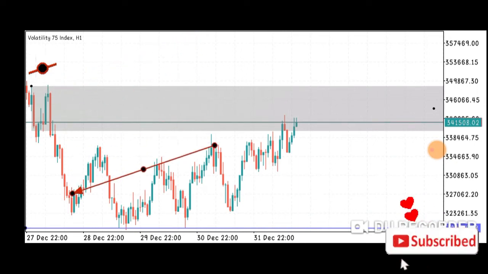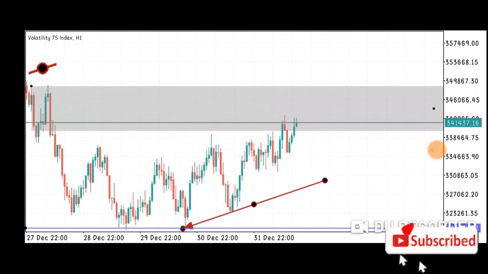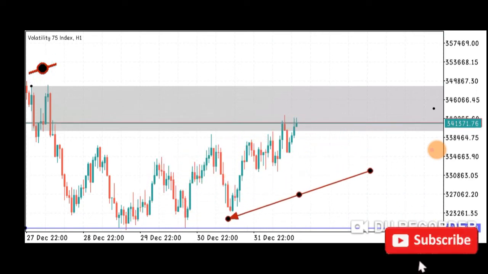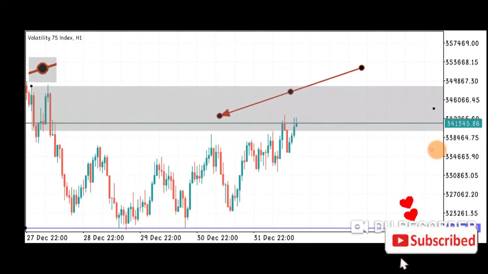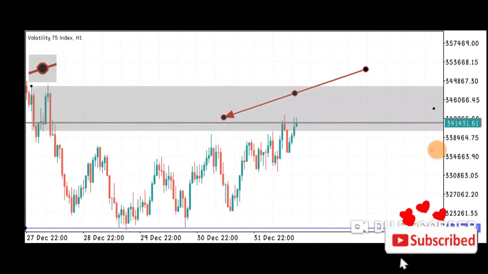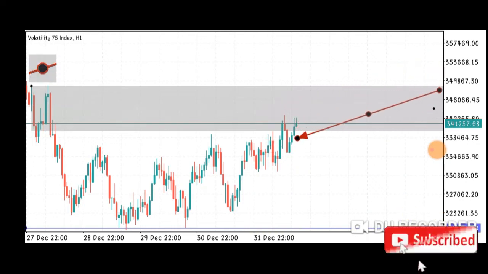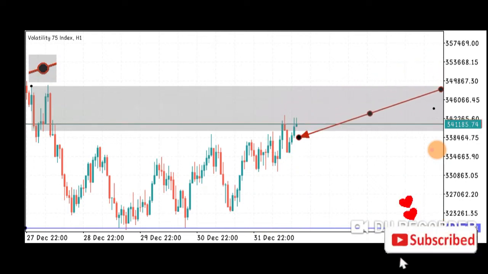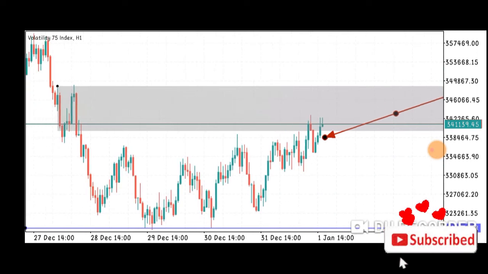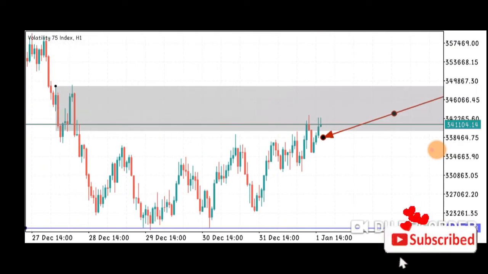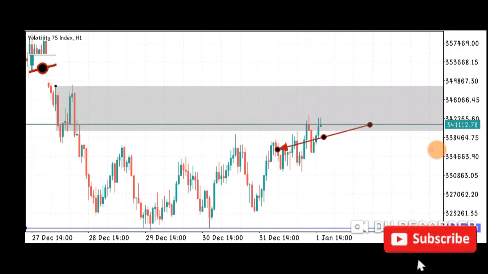Please follow the arrow. This is a high, this is a low, forming a lower high, lower low, and you can see that it began consolidating, but before breaking up and forming a higher high, a lower high, and now going for a higher high. So as you can see here, the price is trying to break away from this supply area that we marked from the 4 hour time frame.